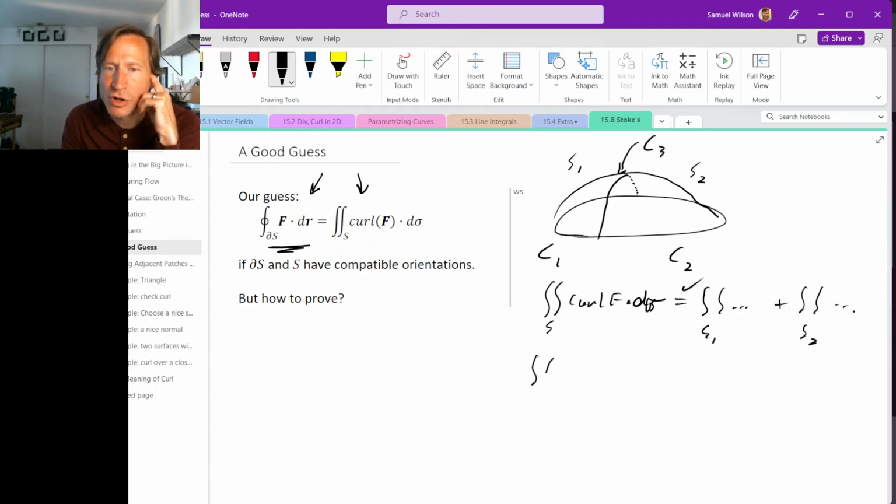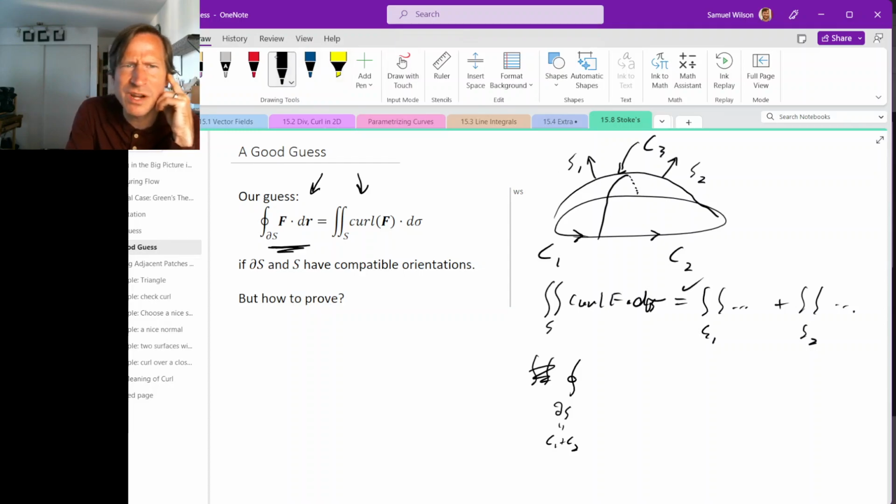And for the line integral over the boundary of S, the boundary of S is C1 plus C2. I need orientations for all of this to make sense. So C1 and C2, let's orient like this. The compatible orientation for S is upwards like this. And then for C3, I have to choose some orientation. Let's do it that way.